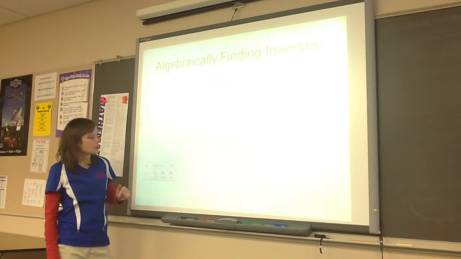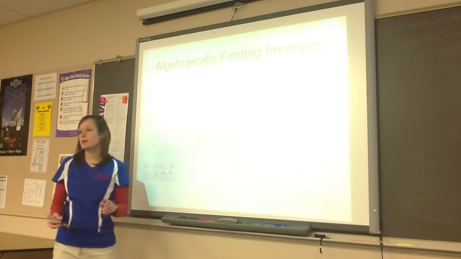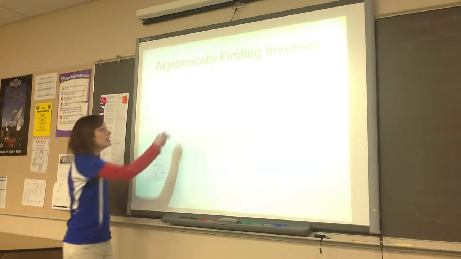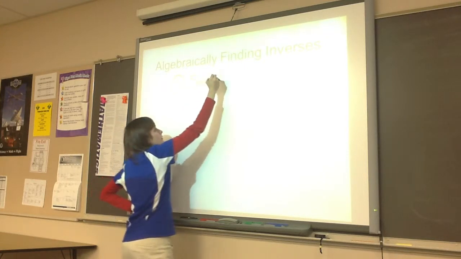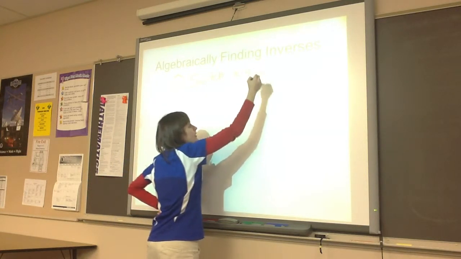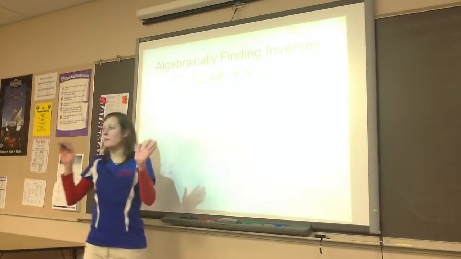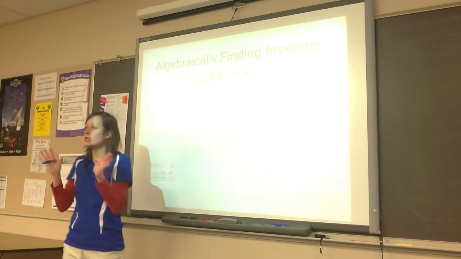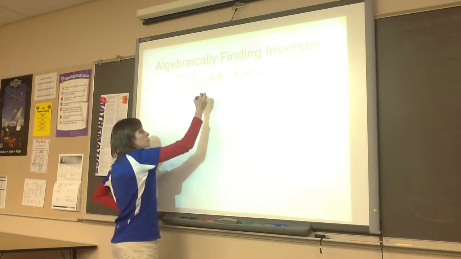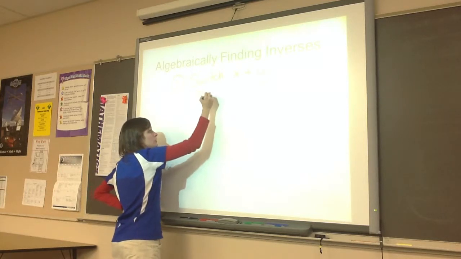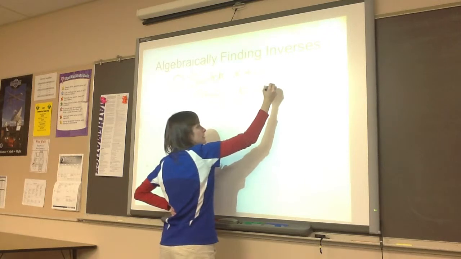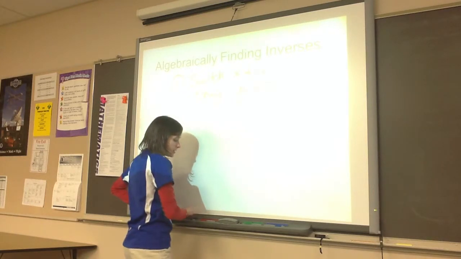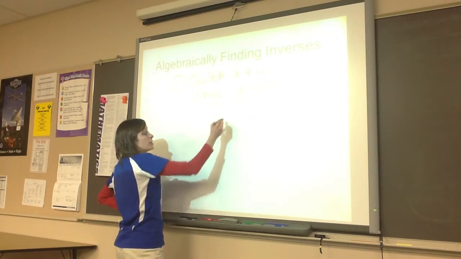All right. So to find inverses algebraically, you have 3 steps. The first step is to switch x and y. Kind of like our domain and our range switch. So that's why we're going to switch x and y. So if our original is y equals x plus 8, our first step is to switch.